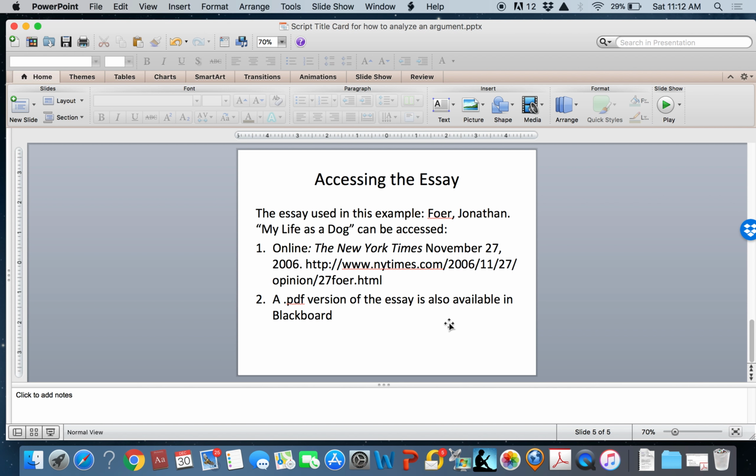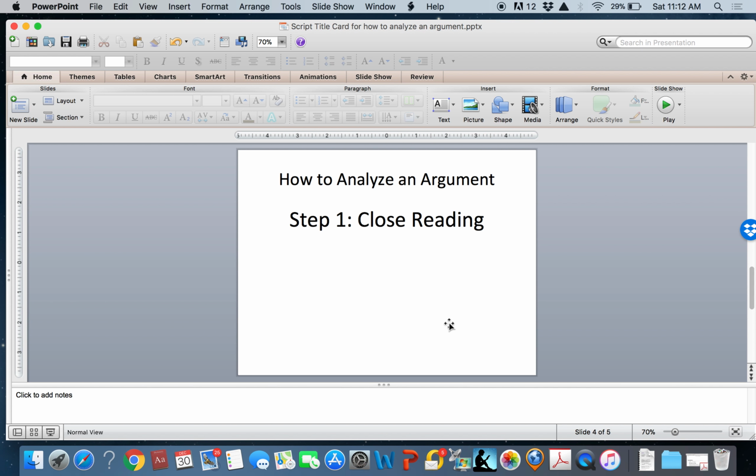Now, to access the essay, you can do a couple of things. You can either go online directly and access the New York Times article, or you can access the PDF version of the essay in Blackboard.